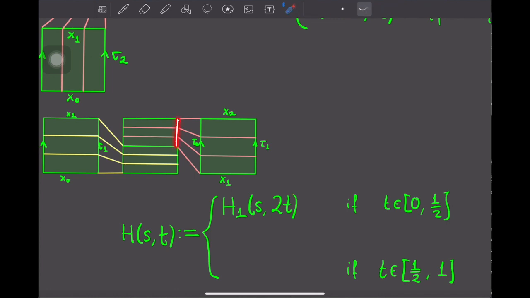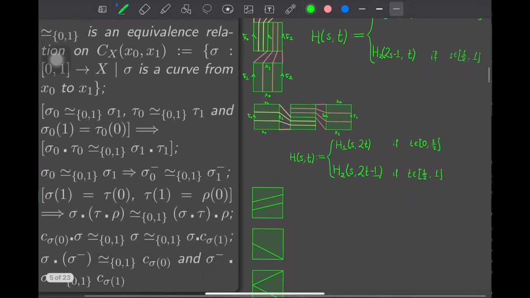And in this one, I multiply by 2 and subtract 1, so that the result really ends up in the interval 0, 1. So H2 of S comma 2T minus 1.